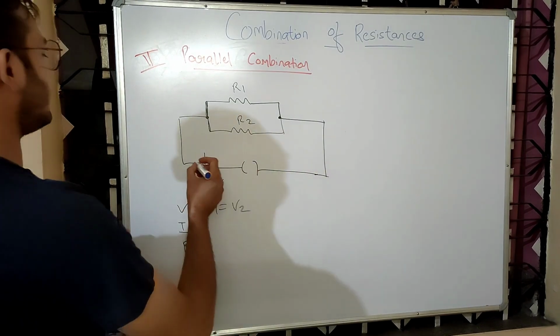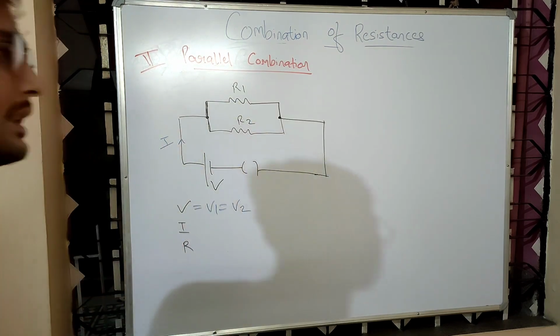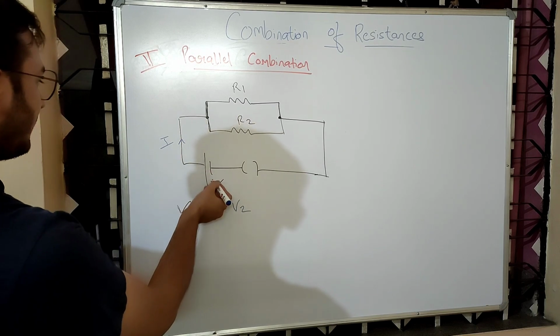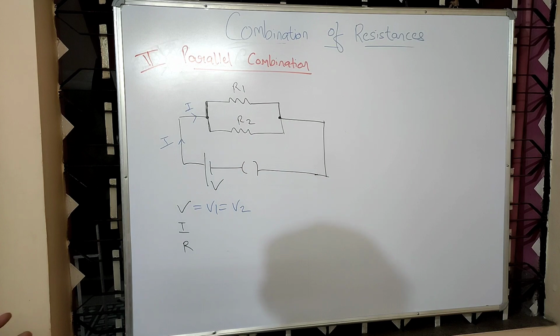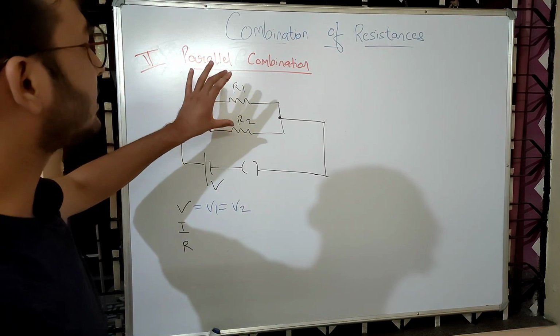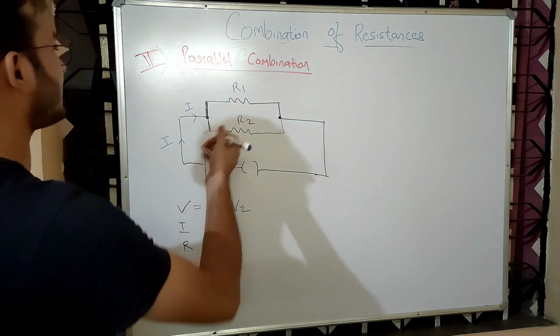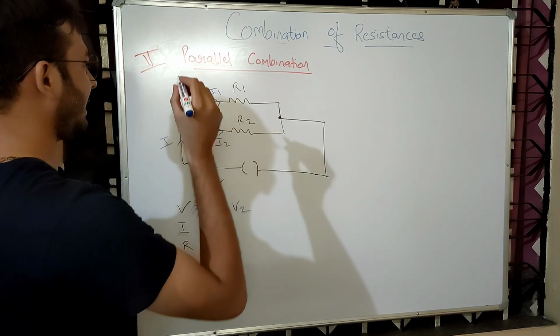What will I be? See, the charge came out from here. I means current, means charge, free electrons. So I came out happily from the battery and reached here. Now I has two paths. It can go to R1, it can go to R2. So remember, whenever current gets two paths on its way, they are connected in parallel combination. So some current will go here, I1, and some current will go here, I2.